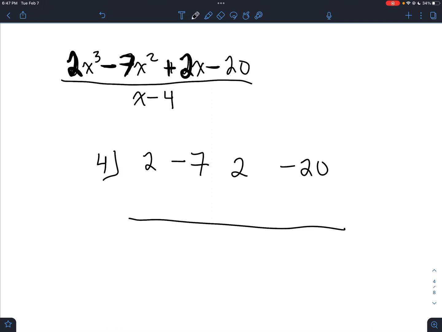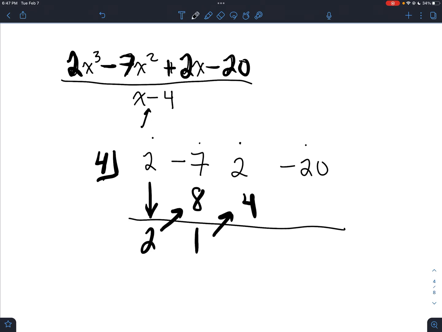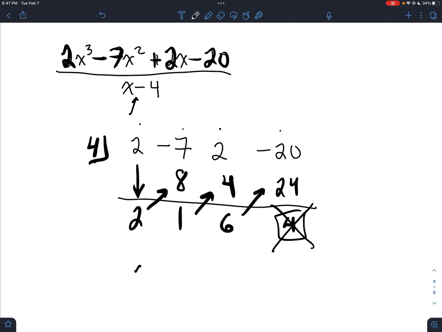So if we're dividing, again, you're putting the 2, negative 7, plus 2, minus 20, all along the top here. And you put the opposite of this number, so 4. It's what makes it 0. Okay, bring down, multiply times 4, add down, multiply times 4, add down, multiply times 4, and in this case we actually get a leftover of 4, which is really no good.